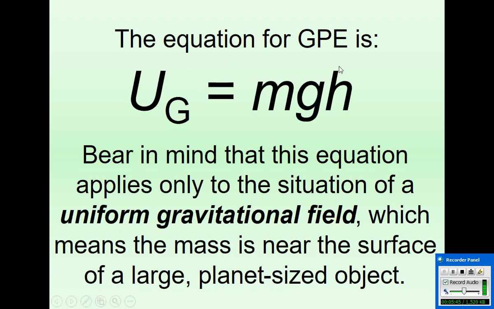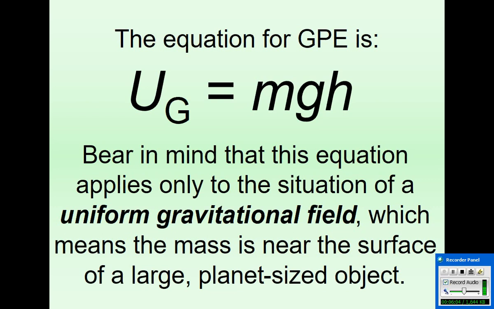I should point out, though, that a major assumption in this formula is that little g is constant. The strength of the gravitational field is constant. Close to the surface of the Earth, that's true. It would be true for close to the Moon. It would be true for the surface of Mars.